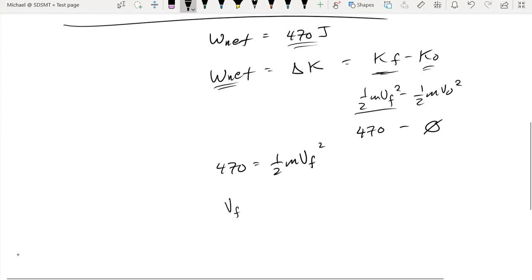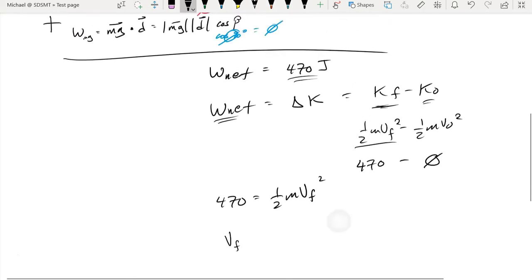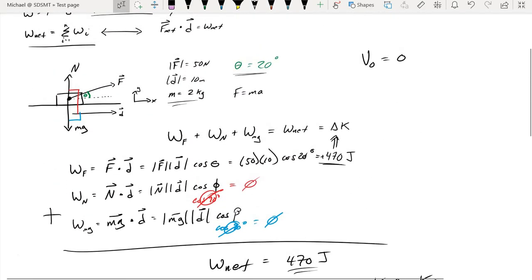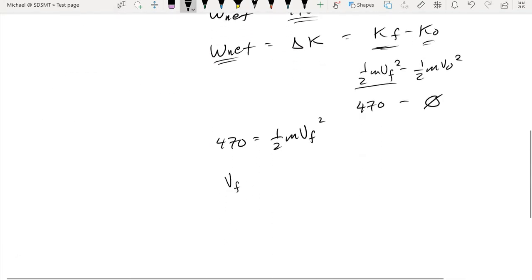Again, the kinetic energy is a scalar, so it doesn't actually have the direction information involved, but it's pretty obvious that given the direction that that force is pointing, we're going to start seeing the mass increase its velocity towards the right. But the best that this equation can do in helping to solve is to give us an absolute value for that velocity. And that's going to be done by multiplying each side by 2.